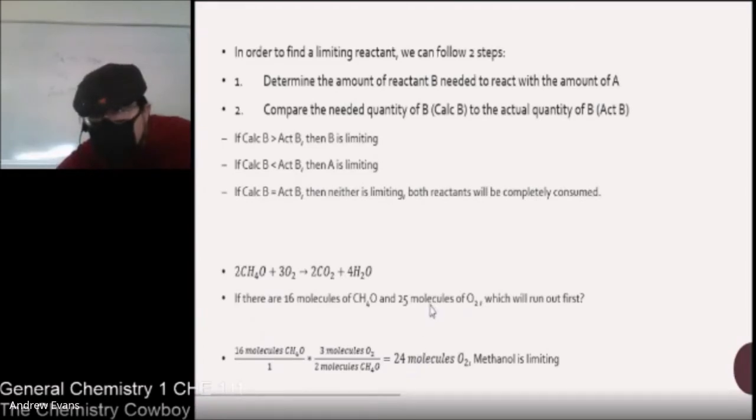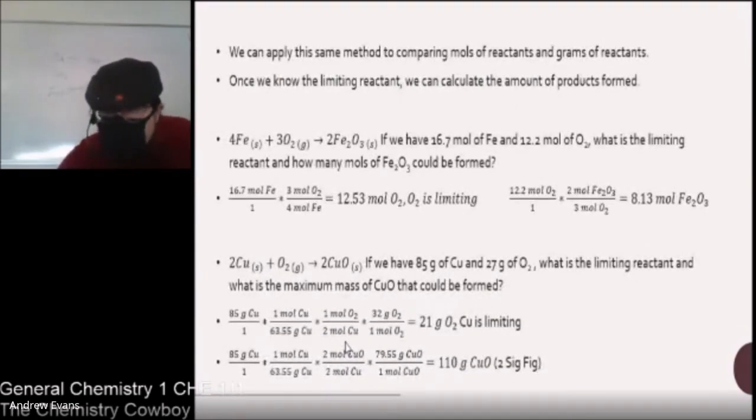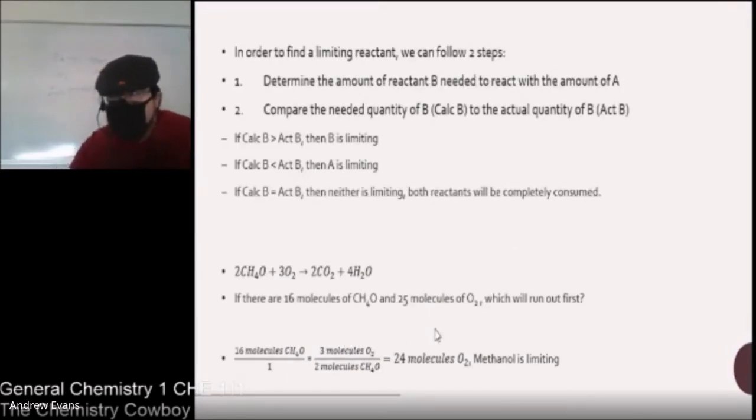I have 25 oxygens. So methanol would be fully consumed before all the oxygen goes away. I would have 1 molecule of oxygen left. So methanol is limiting. If I did it from oxygen's standpoint, you will get the same results, but a different way.